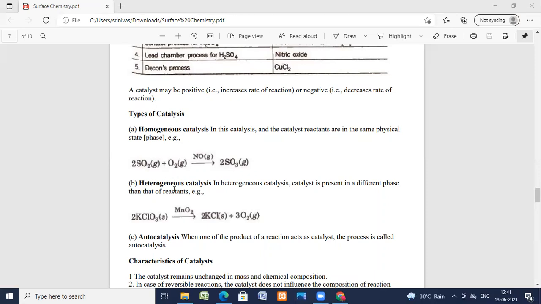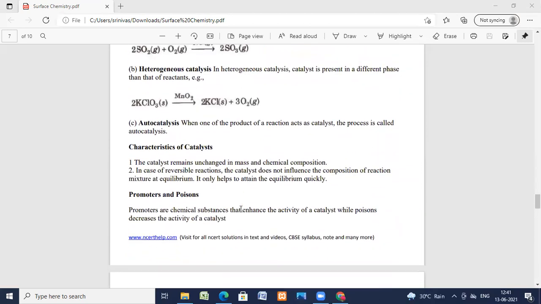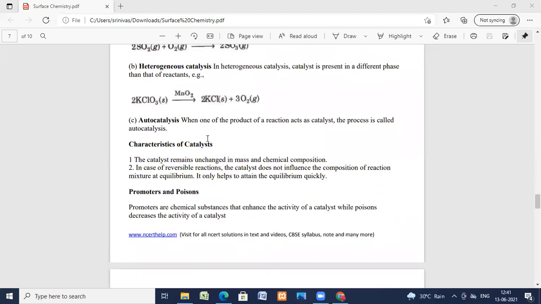What is heterogeneous catalysis? In heterogeneous catalysis, the catalyst is present in a different phase than that of the reactant; here one is solid and the other is gaseous. Autocatalysis: when one product of the reaction acts as the catalyst, that process is called autocatalysis.